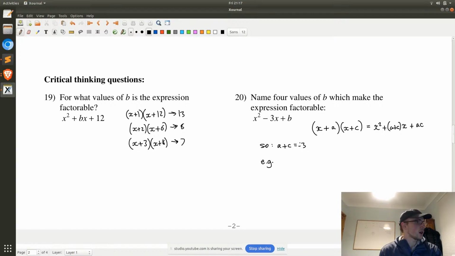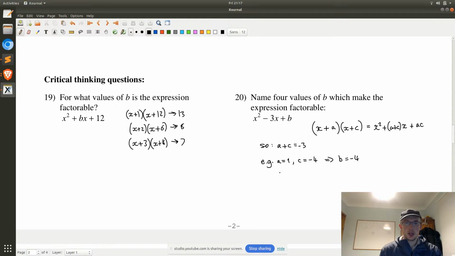Like let's just try 1 and -4. And when you do this, it implies that b is -4.